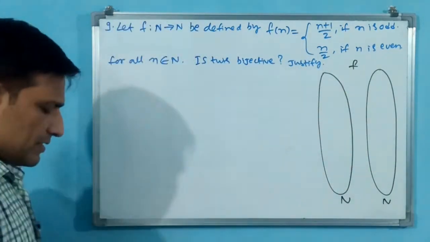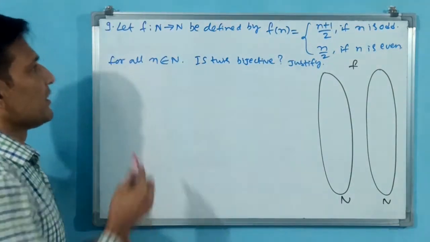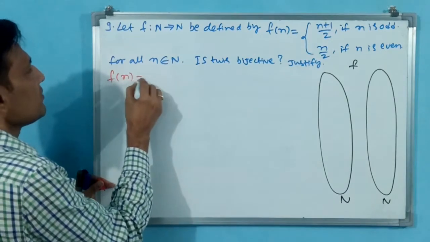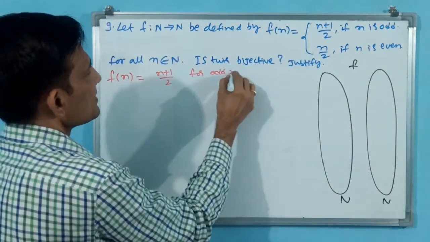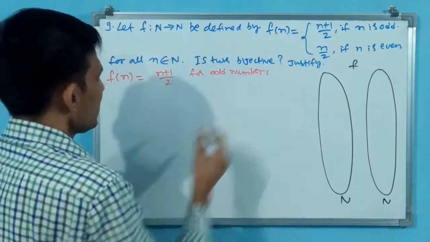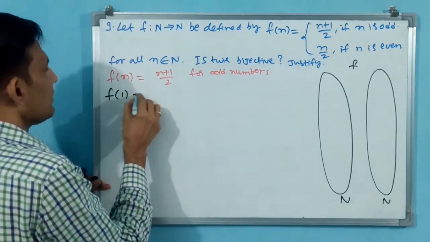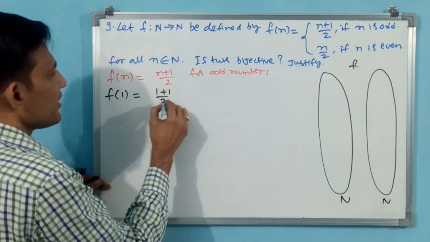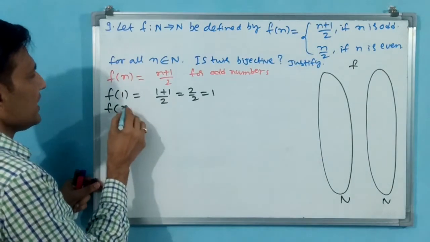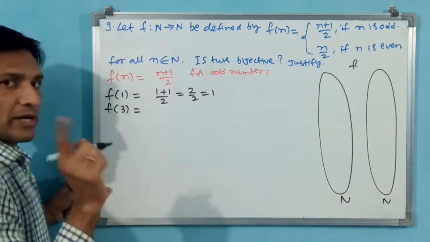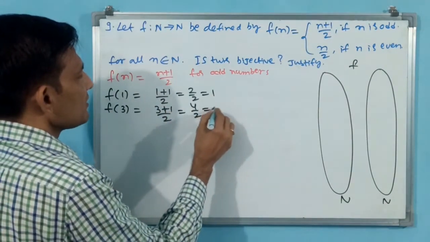Several natural numbers are there, but let us first draw the function f of n is equal to n plus 1 by 2 for odd numbers. Two odd numbers I will take. f of 1 is 1 plus 1 by 2, that is 2 by 2, that is 1. f of 3, the next odd number, 3 plus 1 by 2, that is 4 by 2, that is 2.